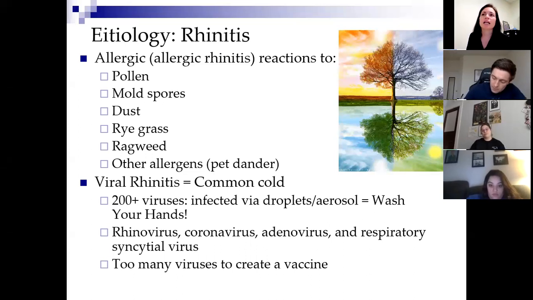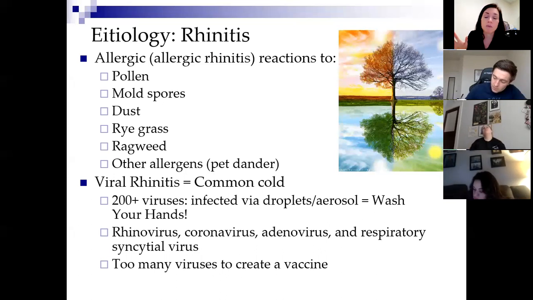With viral rhinitis, the symptoms come from being infected, from aerosols or droplets, and the common cold comes from any of more than 200 different viruses. That could even be a very small number. That was just what I saw from the textbook and from one other source.